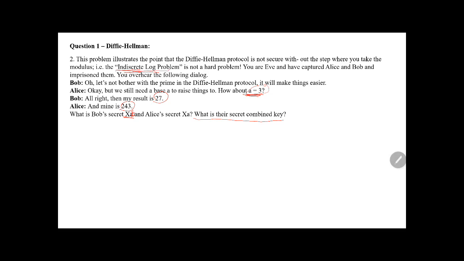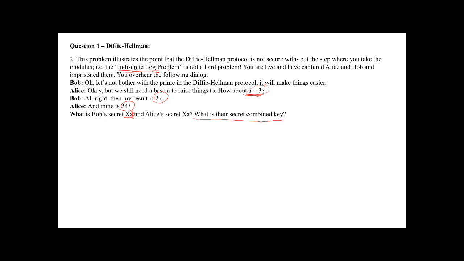So what we have here is Bob's public key, Alice's public key, and the base. And what we want to do is to get their private keys and their shared secret key. As we said, since there is no modulus operation involved here, this problem simply reduces to getting the log directly.